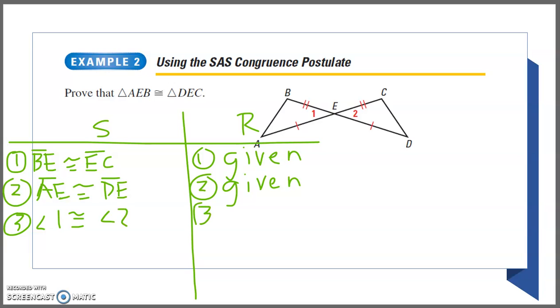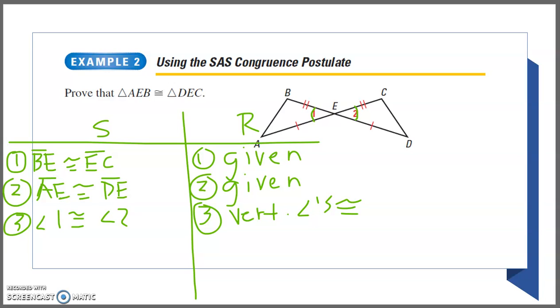Now, why do we know that? Well, we know that those are vertical angles, and vertical angles are congruent. So now notice 1 and 2 are in between the congruent sides.